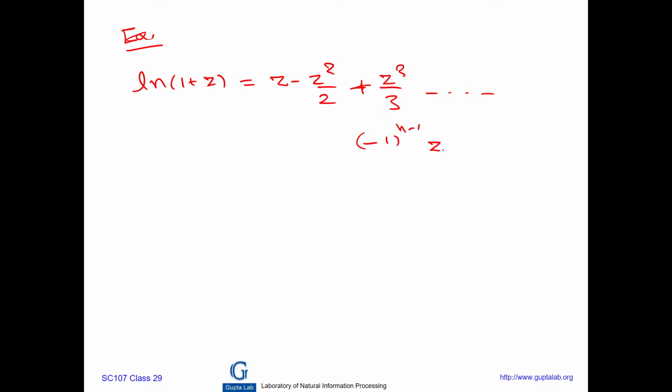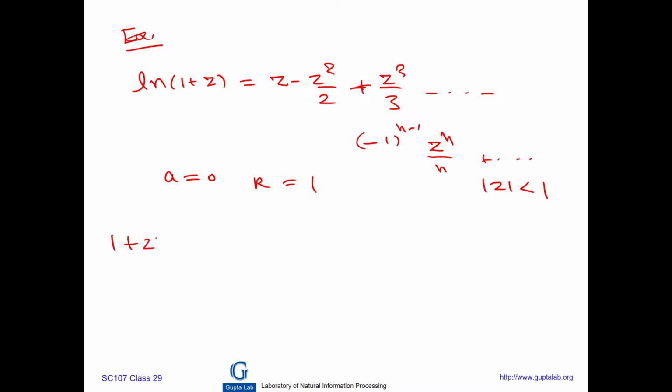Look at an example. Log of 1 plus z is equal to z minus z square by 2 plus z cube by 3 and so on, with general term minus 1 raised to power n minus 1 times z raised to power n by n, where mod of z is less than 1. So here the radius of convergence is 1. Here a is equal to 0 and r is equal to 1.